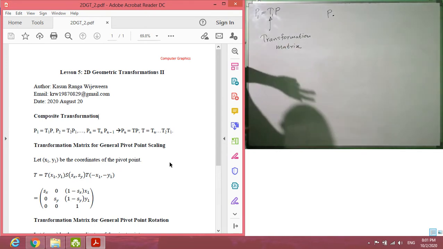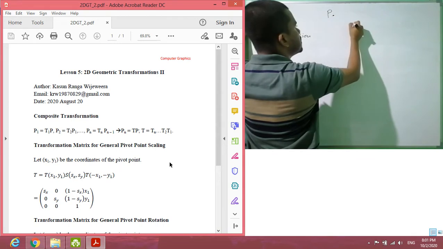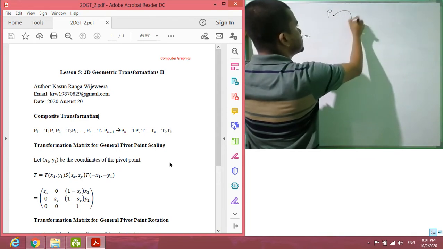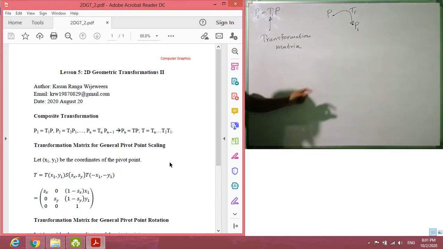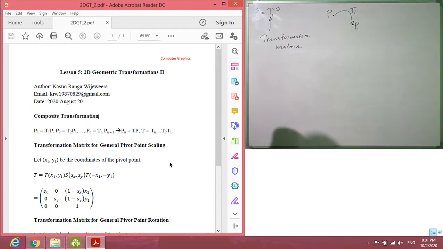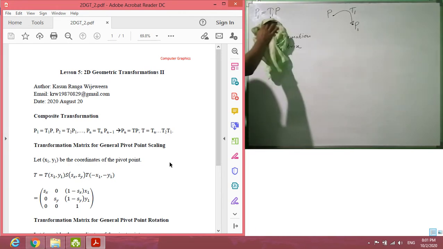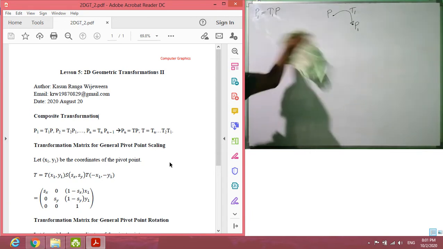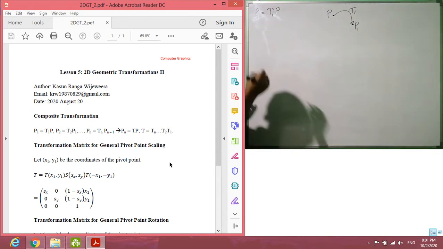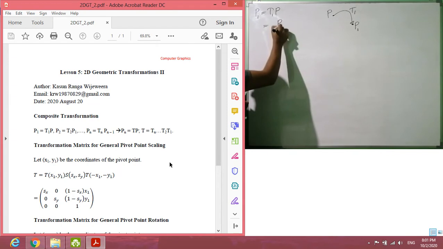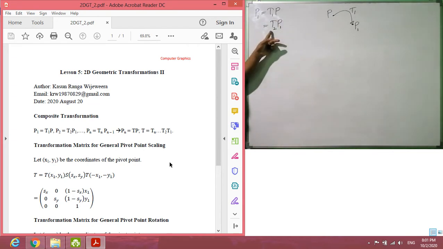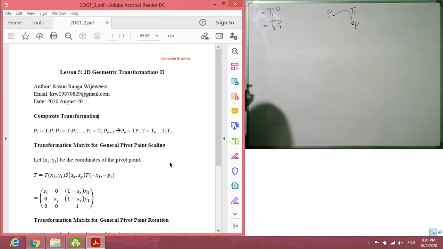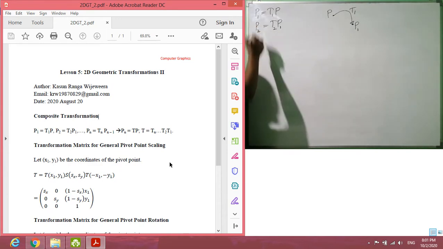After applying that particular matrix, this point comes to the position P1. Then again, to P1 we apply another transformation matrix, that is T2. Then we get point P2.